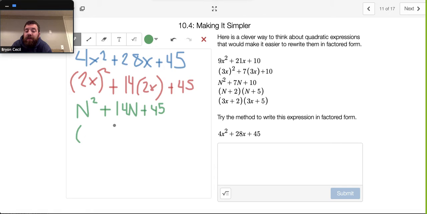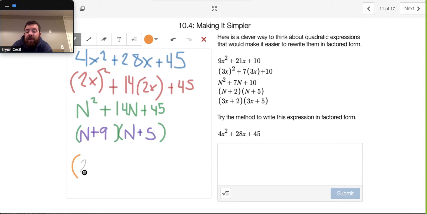Okay? And then from there, it's easy because a is 1. So I'm just looking for factors of c that add up to b. So factors of 45 that when I add them together give me 14 would be a positive 9 and a positive 5. Okay, so now the last step, ladies and gentlemen, is we put that 2x back in as a placeholder, because n is just a placeholder.